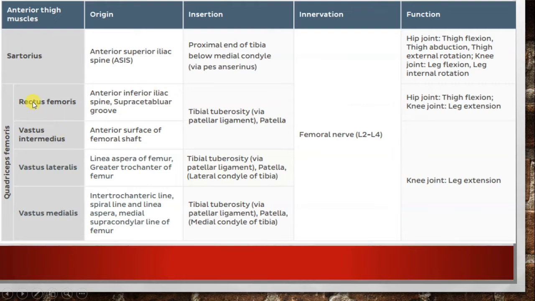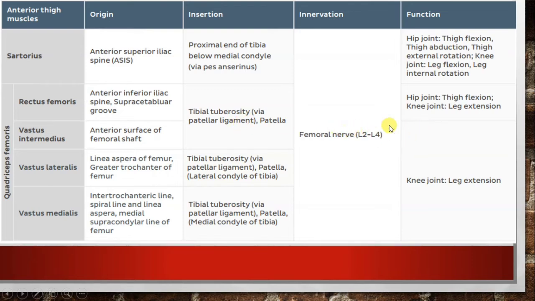Now the rectus femoris, part of the quadriceps femoris. It is the most anterior part of the quadriceps femoris, arising from the anterior inferior iliac spine and inserted into the tibial tuberosity via the patellar ligament. The tendon of the rectus femoris forms the patellar ligament and attaches anteriorly to the tibia at the tibial tuberosity.